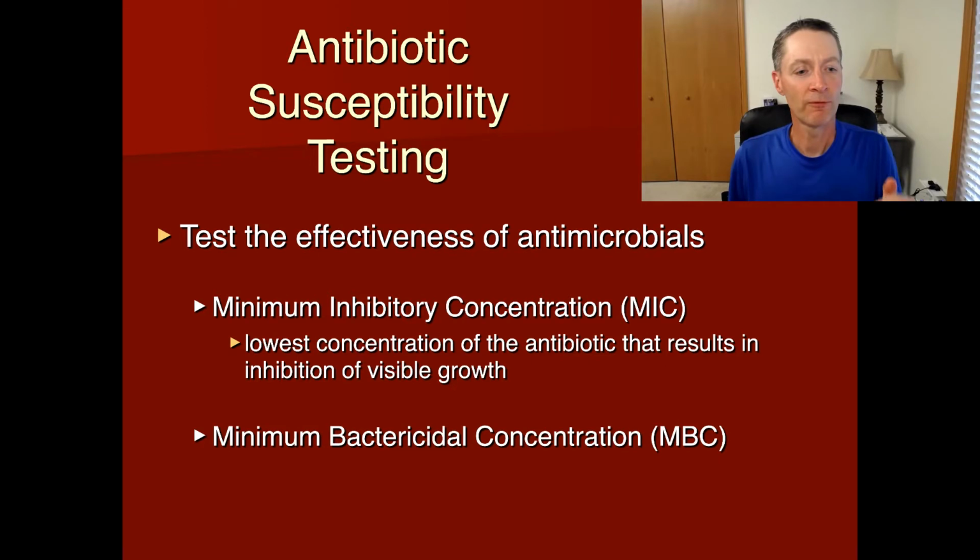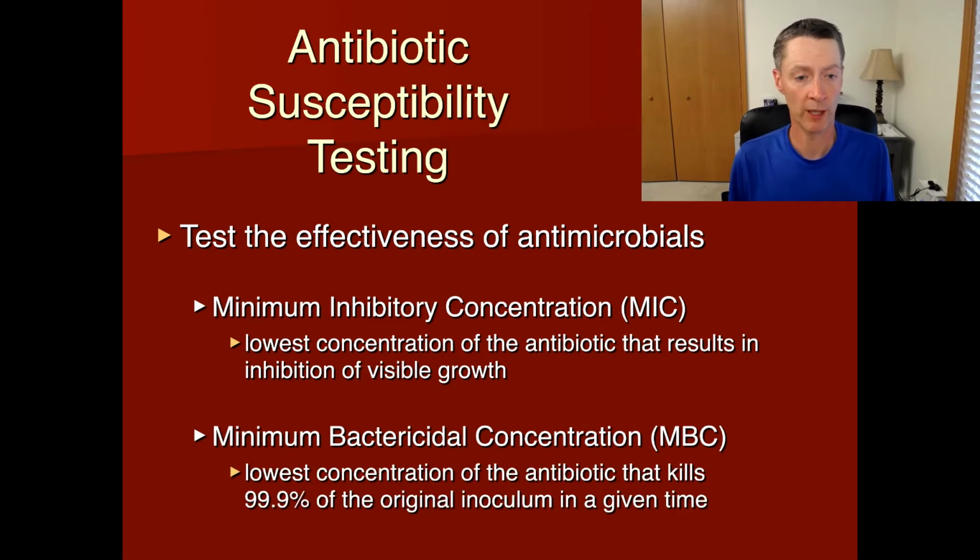If we're looking for minimum bactericidal concentration, bactericidal was a term we learned last time, cidal for killing, right? So minimum bactericidal concentration is all about killing pretty much almost all the cells. The lowest concentration, that's the minimum part.